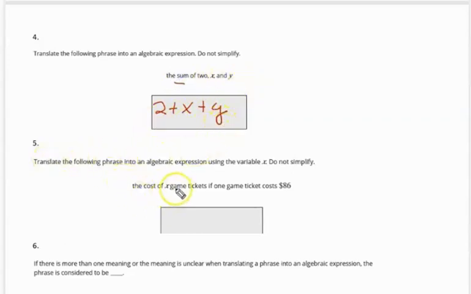And for 5, if you're going to sell x number of tickets, they each cost $86, then that would be the way you would get the total of what the tickets would cost. X is the number of tickets that you're purchasing.